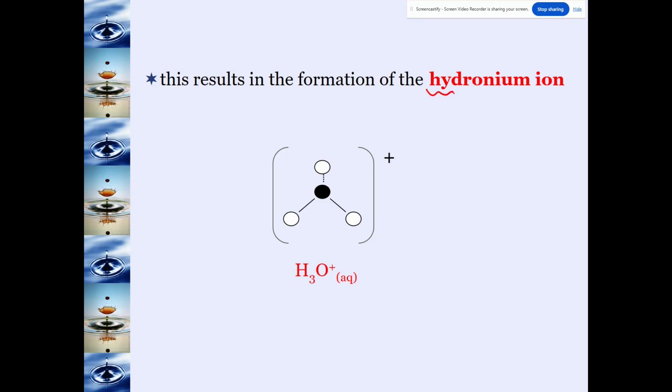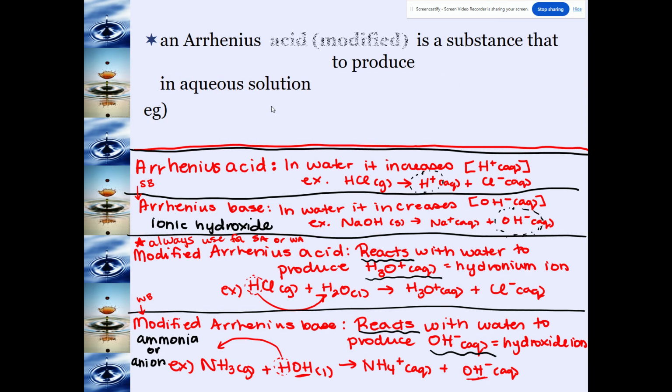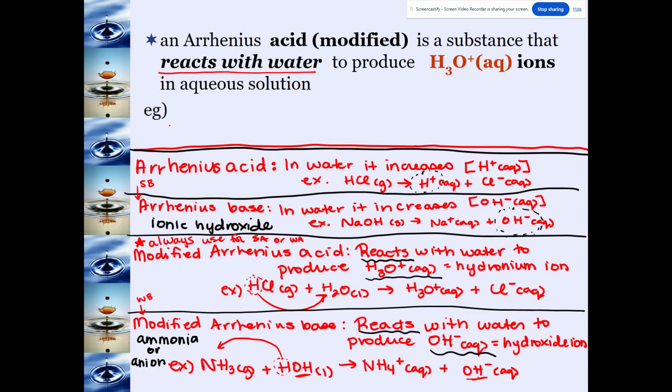This is called the hydronium ion. Now, all acids are going to do this, whereas the modified bases are only ammonia and anions. Modified acids are all acids. So all acids always react with water to produce the hydronium ions.